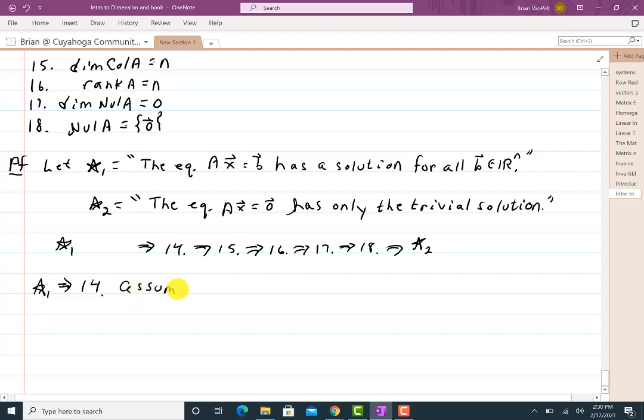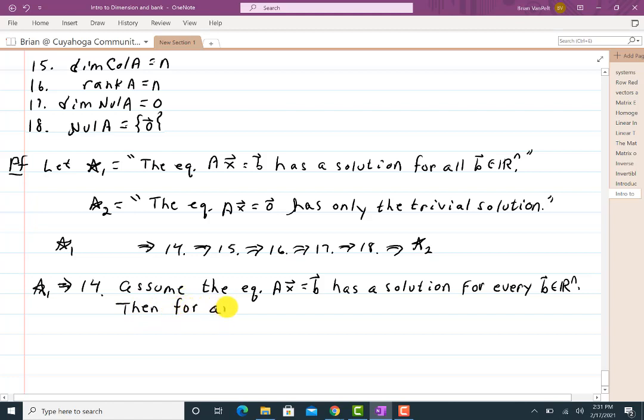Assume the equation AX equals B has a solution for every B in Rn. Well then, for any B in Rn, B is in the span of A1 up to An.